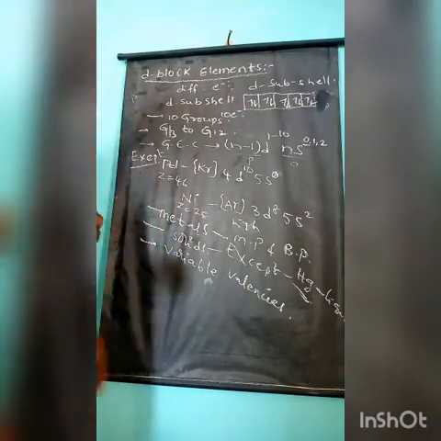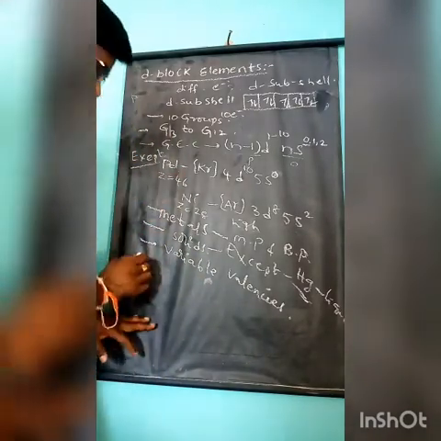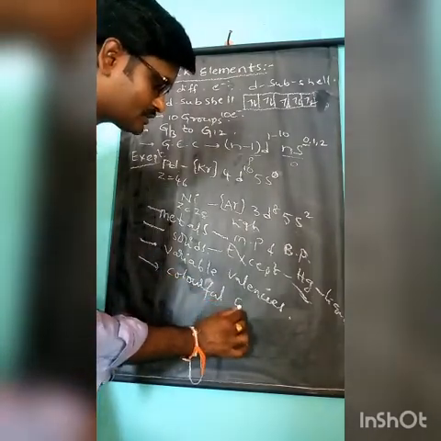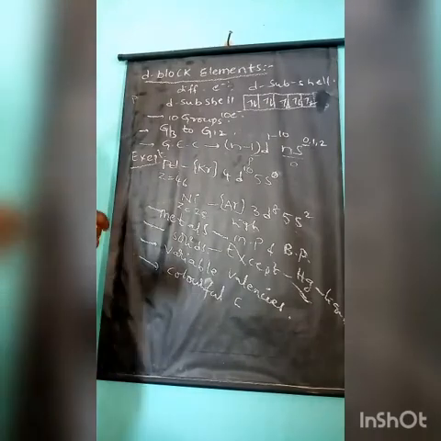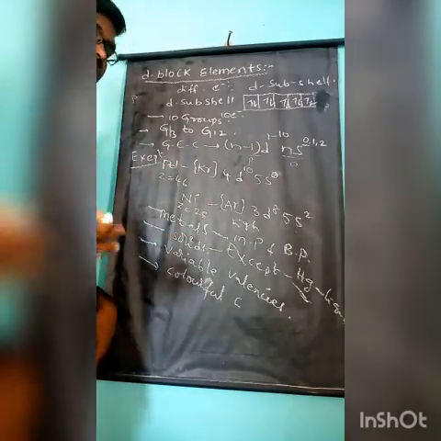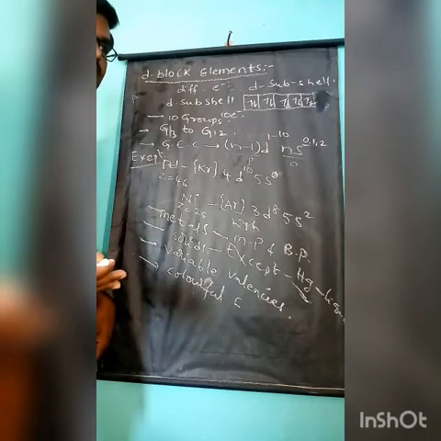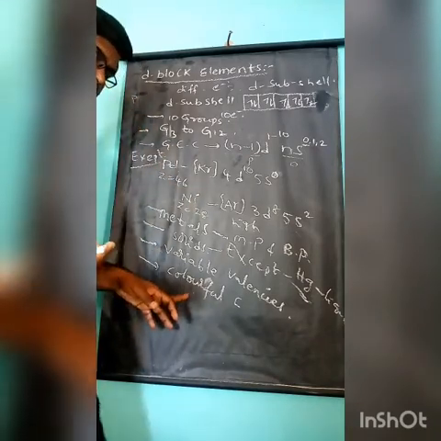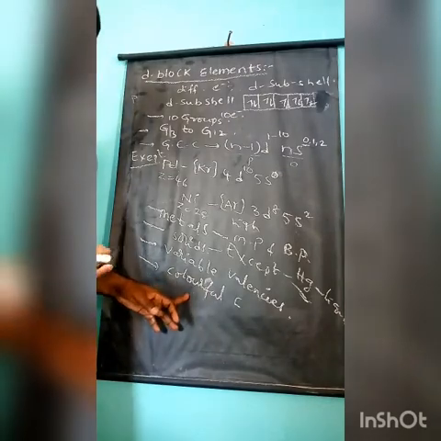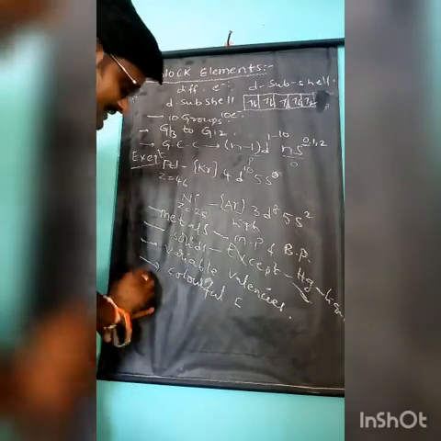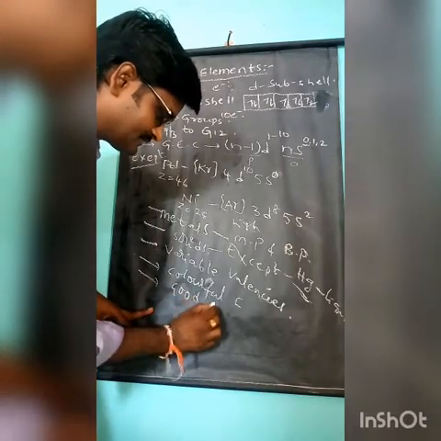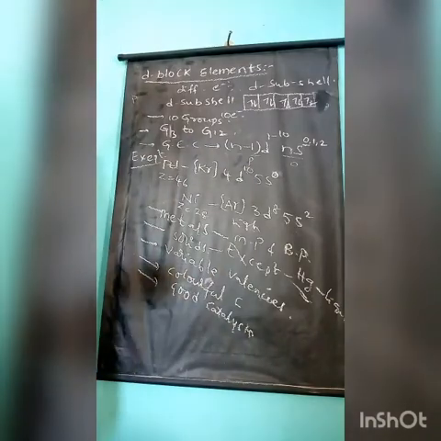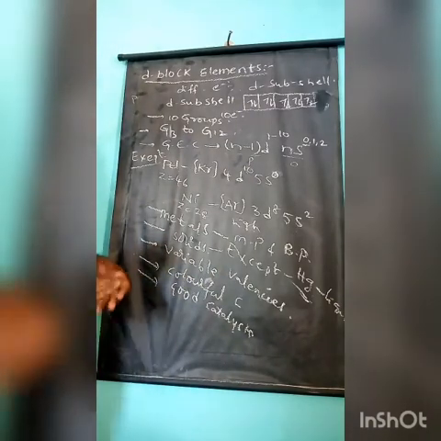D block elements are colorful elements; their compounds are colorful in nature. Copper sulfate is blue, and iron oxide is red brown. They also act as good catalysts in various chemical reactions.